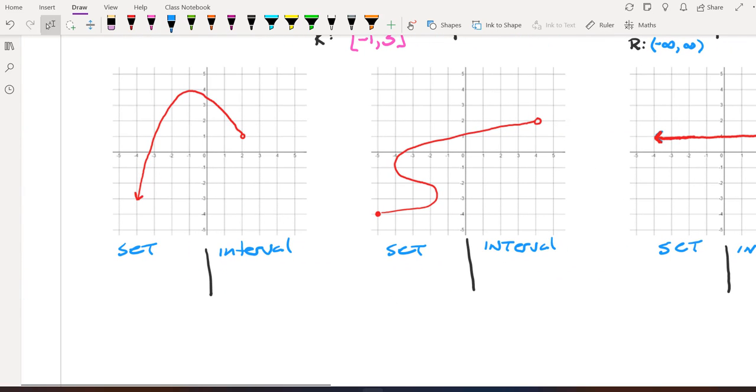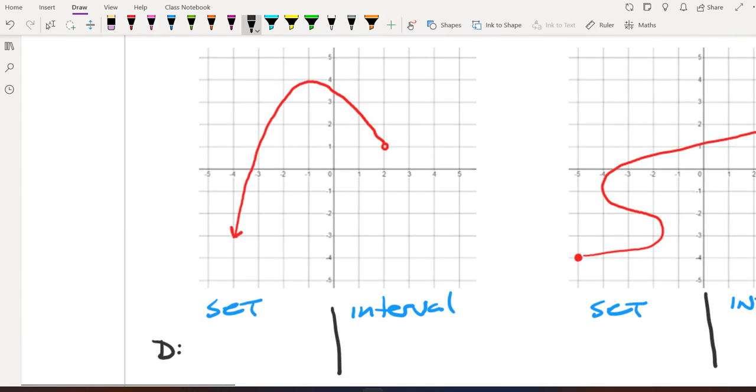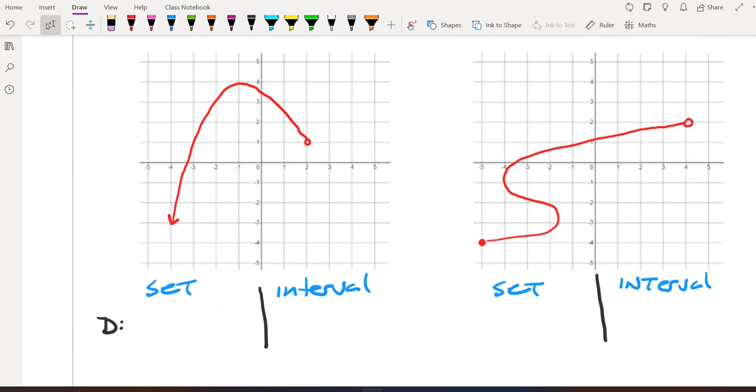On to this one. Domain. We're going to start off with the furthest left. How far left can we go? No, the line definitely goes past negative 3 in this direction, because this line goes forever in this direction.